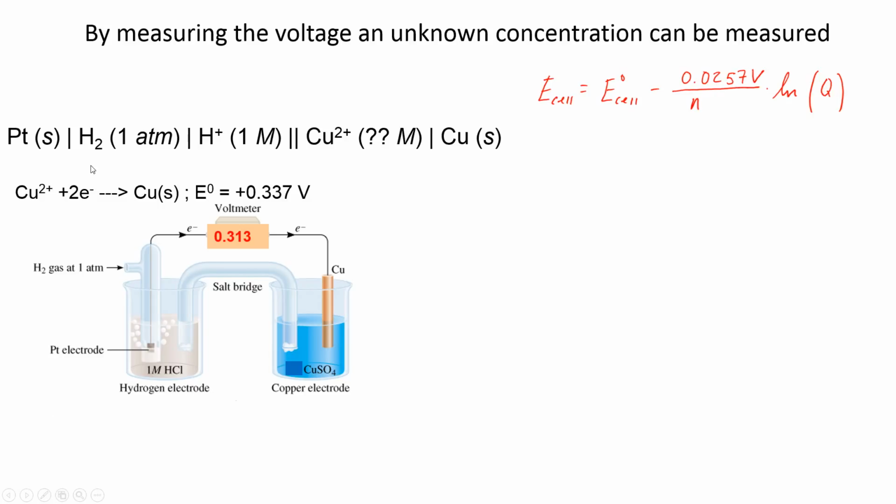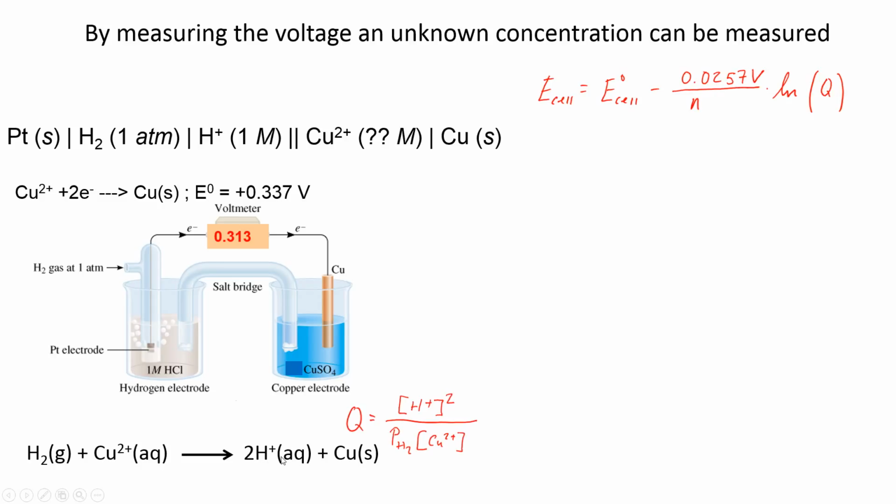We've been given the cell notation for this cell, but it's important in order to get Q to write out the chemical reaction. So in this case, the cell notation says that H2 is donating electrons to copper 2+. So my reactants are H2 and copper 2+, forming copper metal and an acidic solution, forming 2 H+ ions.